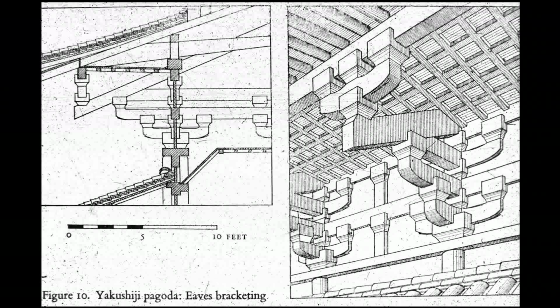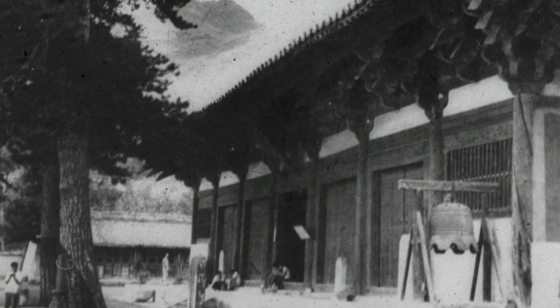And this is a Japanese example, a Buddhist temple built in the Chinese style, from the 11th century. And here again, the very early Chinese example from the 11th century. And look at these multiple brackets, 3 one above the other, all angled brackets, gravity brackets.